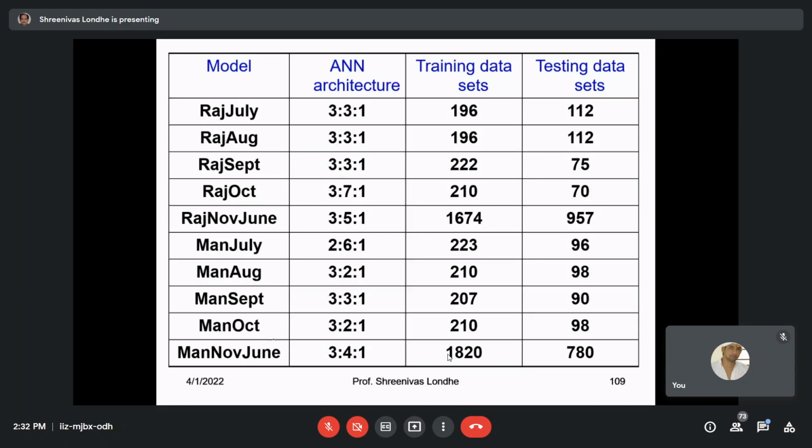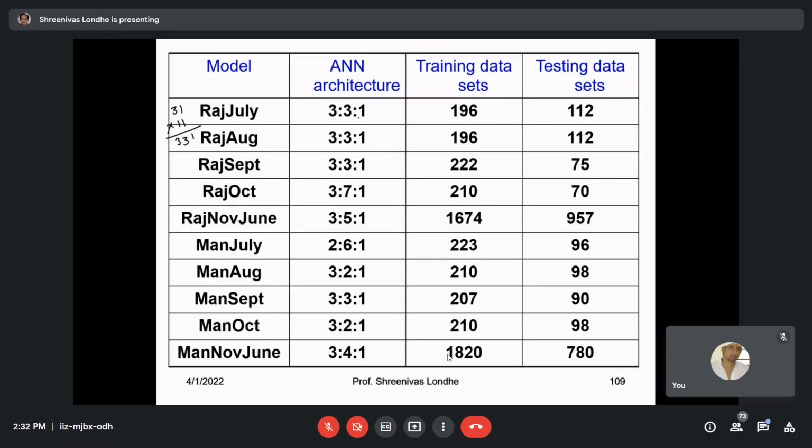So from the total data, remember it is July. In every July, there will be 31 values. So 31 into, let us say, 11 years, it is going to be 341 total, approximately. Out of that, 70% of values are taken for training and 30% for testing.